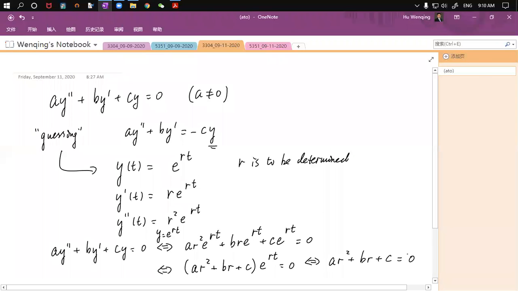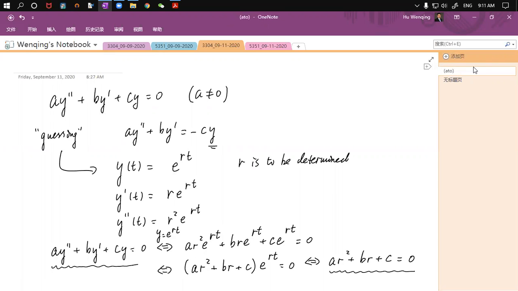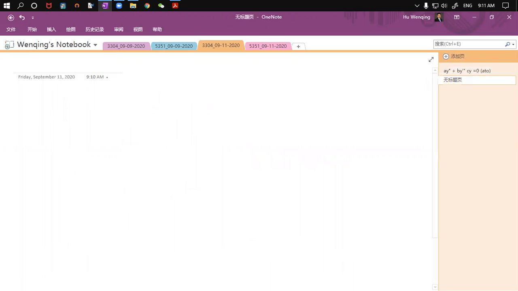So that tells you that in order to solve the differential equation, you just have to solve such an algebraic equation. I'll give you a chance to look at it carefully. The relation is that the differential equation is turned into an algebraic equation, right? So you can write this picture as follows. ay double prime plus by prime plus cy is equal to 0.